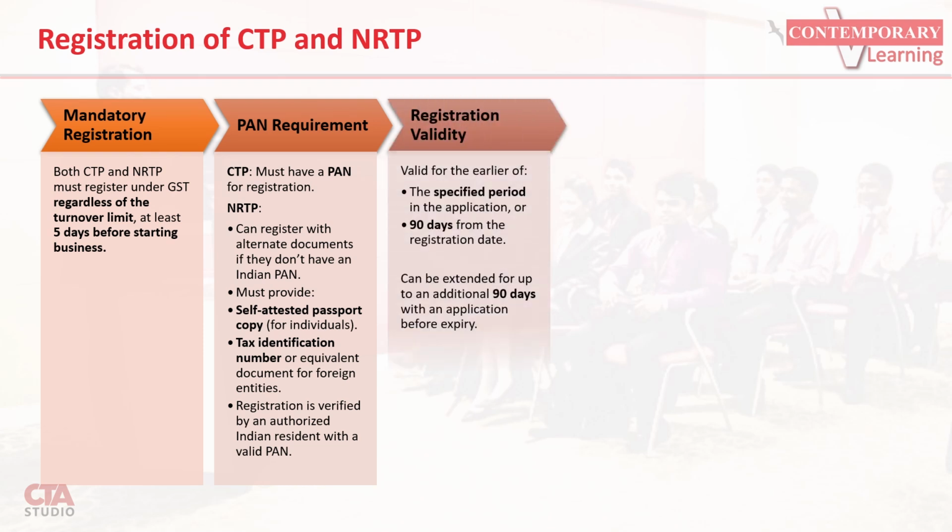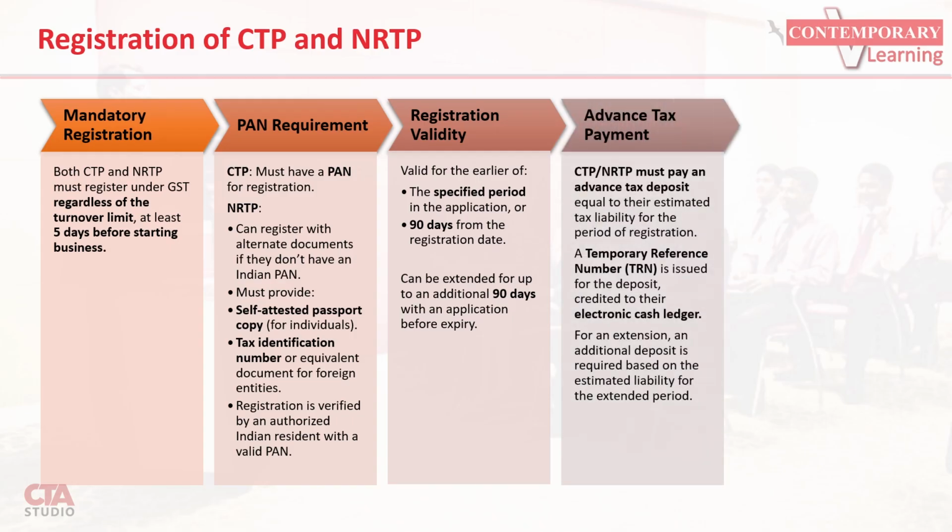Registration validity: valid for the earlier of the specified period in the application or 90 days from the registration date, and can be extended for up to an additional 90 days with an application before expiry. Advance tax payment: CTP and NRTP must pay an advance tax deposit equal to their estimated tax liability for the period of registration.